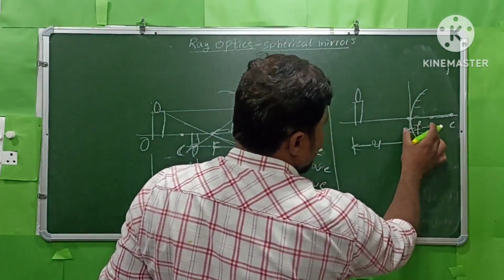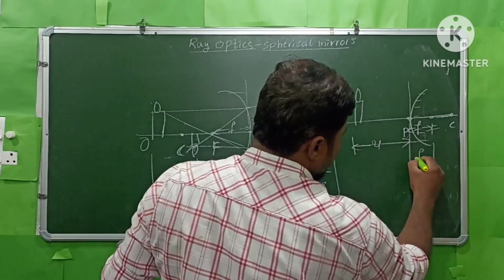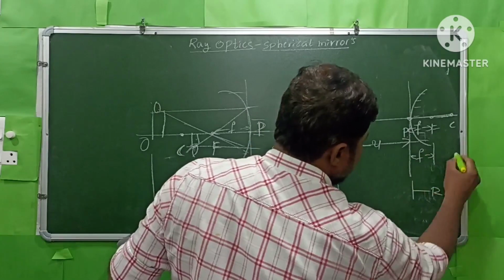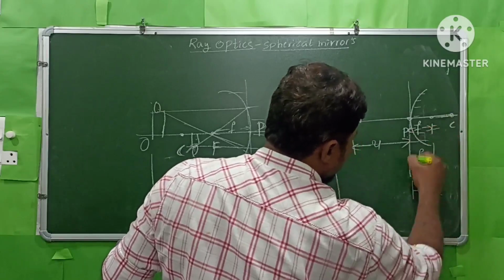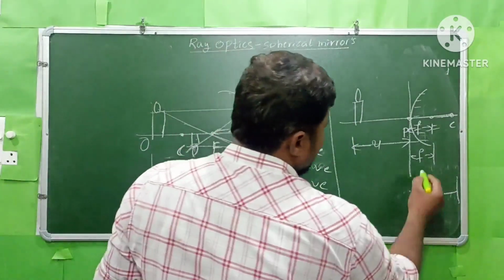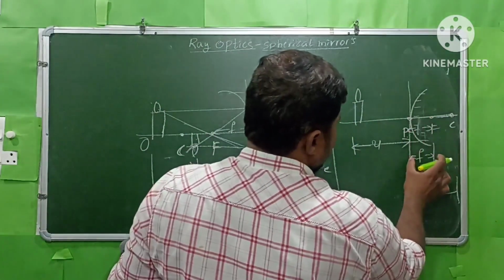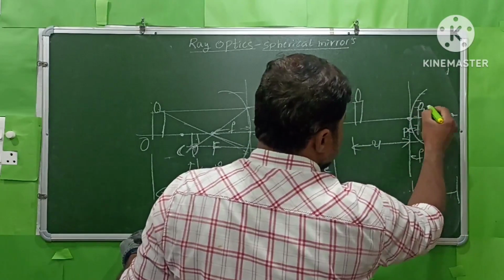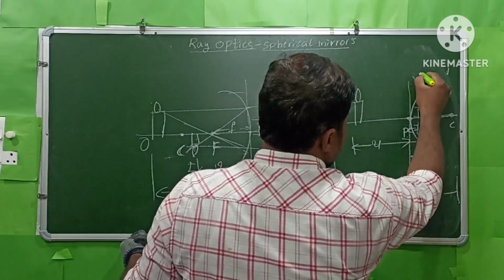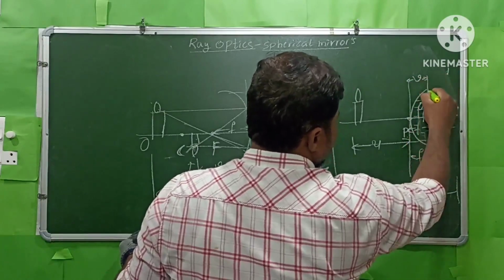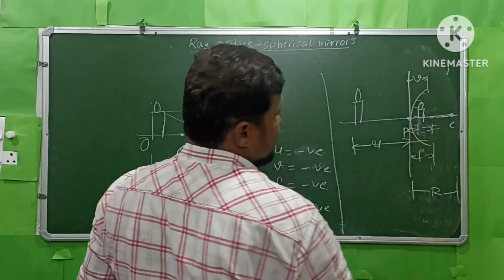Small f, focal length. And here to here, radius of curvature R. For example, I got image here as virtual image. So this has to be image distance. V is the image distance from this point to pole.